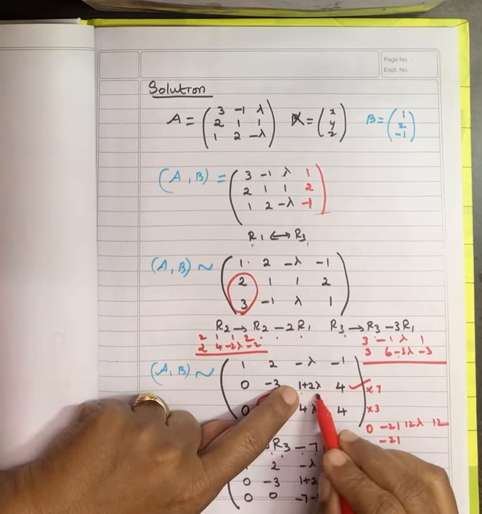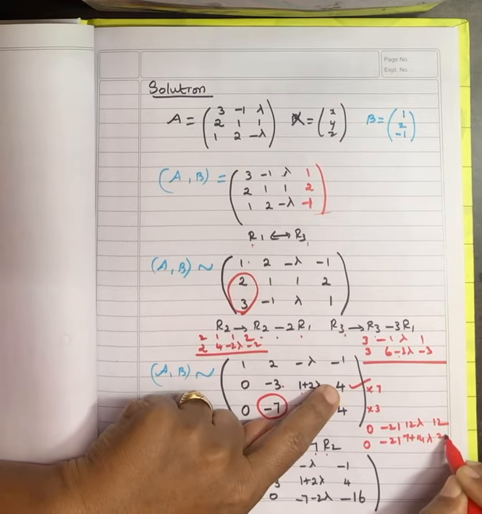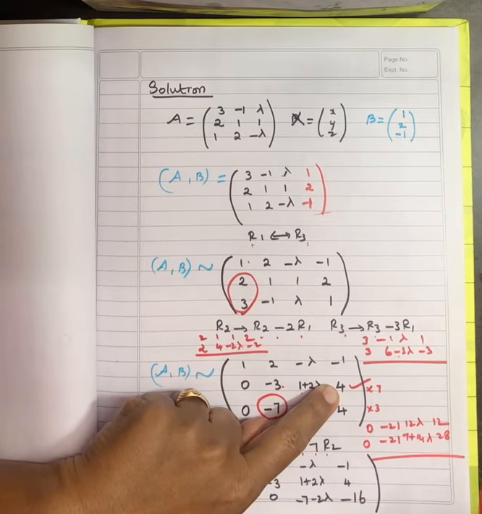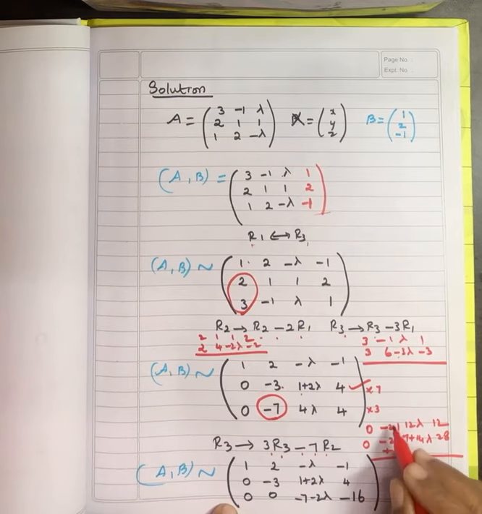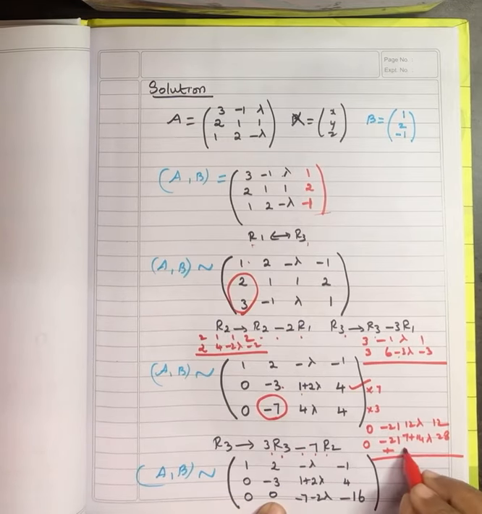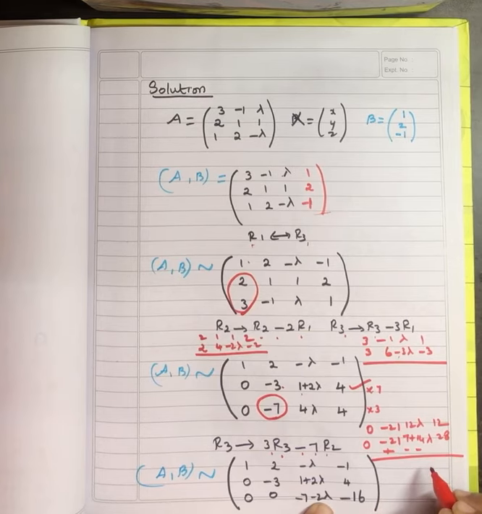I have to multiply these two terms with 7. 7 plus 14 lambda. If multiplied with 7, it is 28. Now change the sign. 0. This becomes plus, so 0. This becomes minus and minus. Minus 7. 12 lambda minus 14 lambda, it is minus 2 lambda.